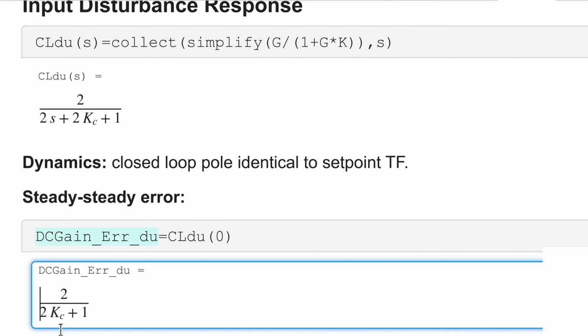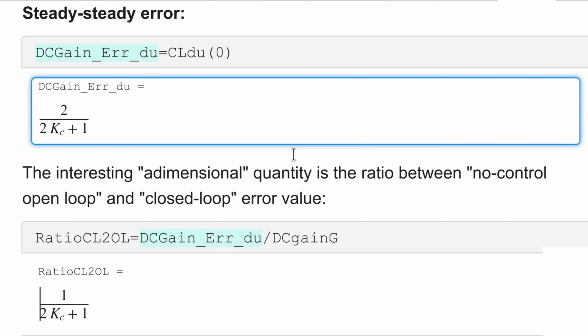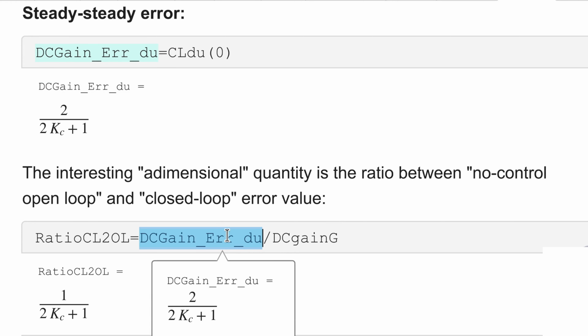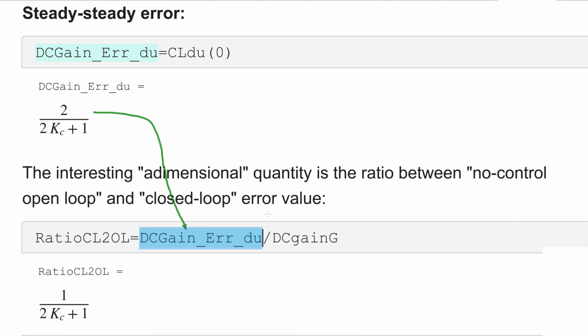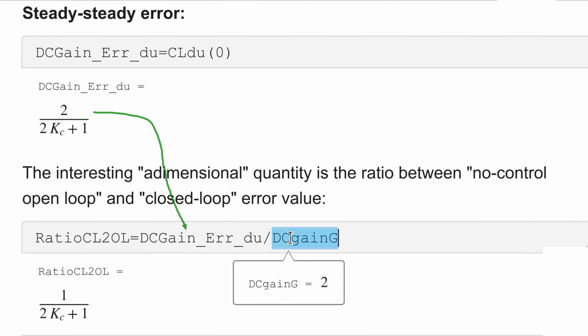If control is active, the quantity we are looking for is the ratio between the error when I have control on divided by the error when I have no control.